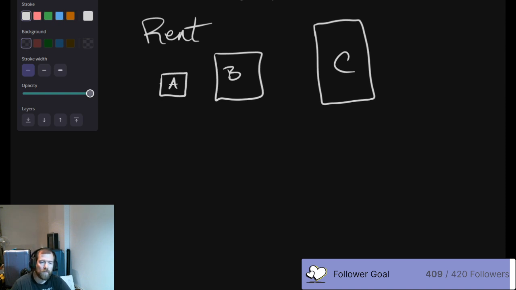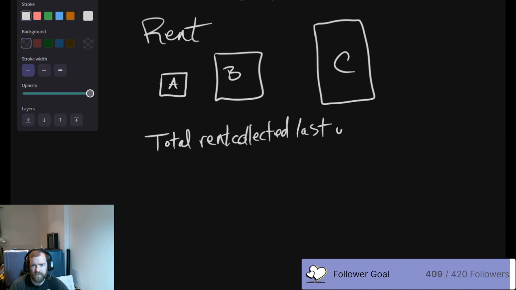So all of the ones of a particular type are going to be the same, let's just say, and so the problem here is that the total amount of rent that was collected last week was $1,240.